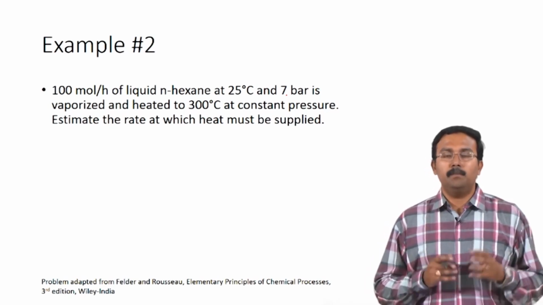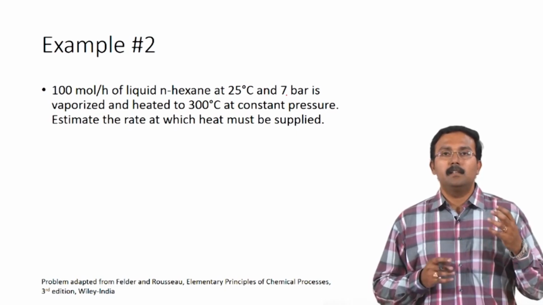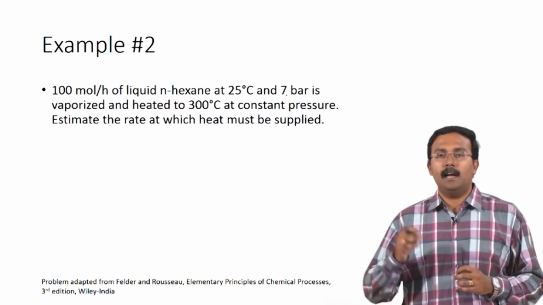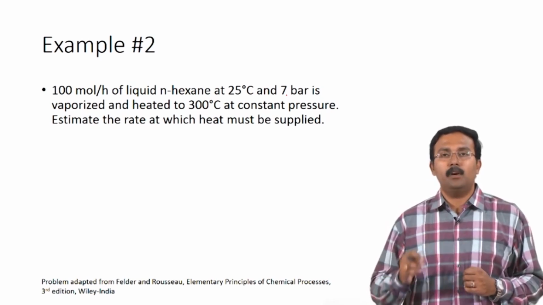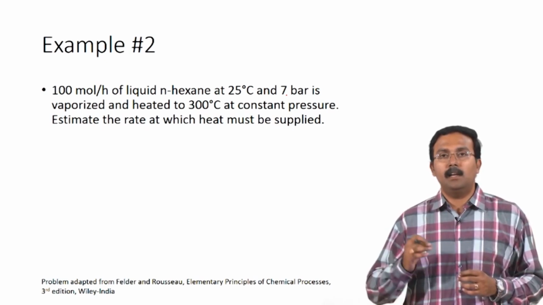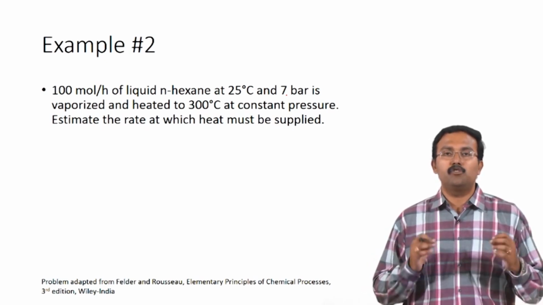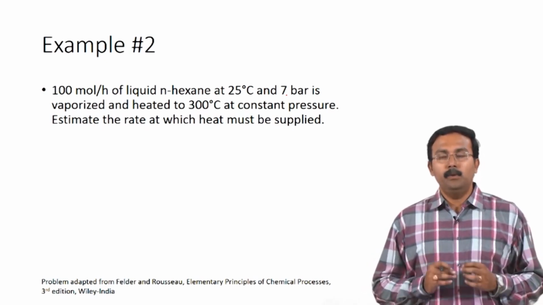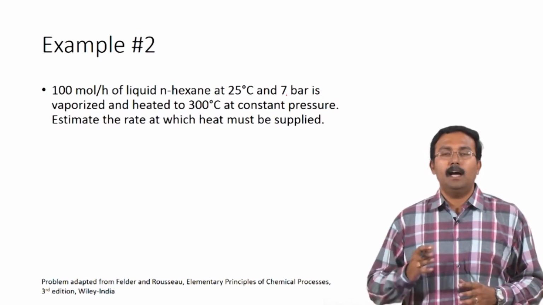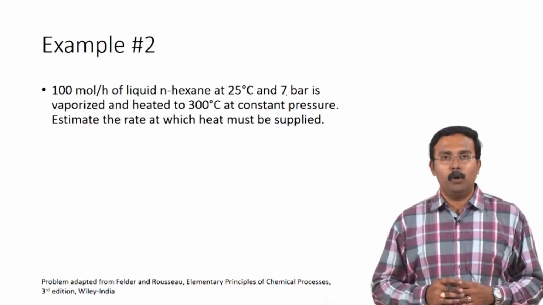So, if you were to look up the vapor pressure charts, the associated boiling point for n-hexane at 7 bar would be 146 degrees Celsius. However, the heat of vaporization at 146 degrees Celsius is not available for n-hexane. We do have the value for heat of vaporization of n-hexane at 1 bar and its normal boiling point.